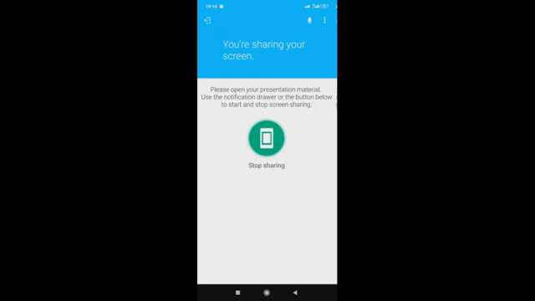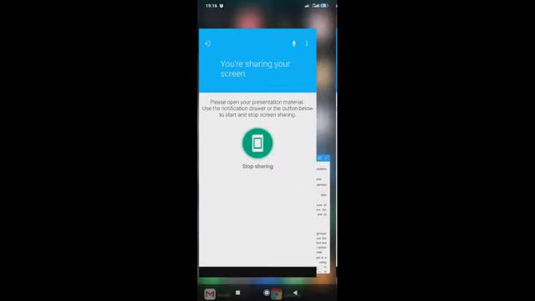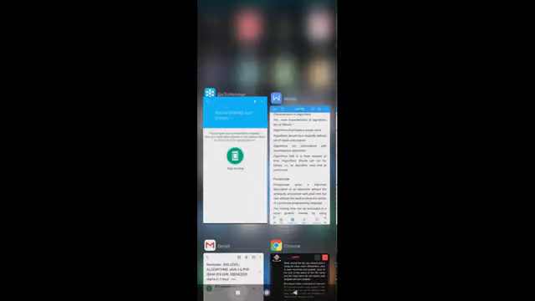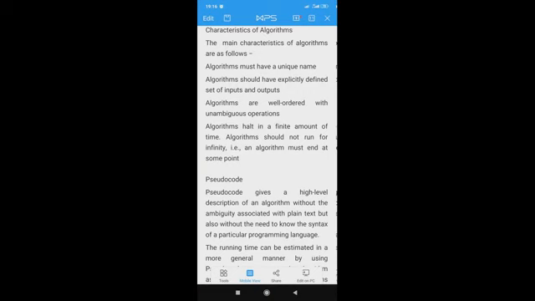Please, the assignment which I will give for today is: the first assignment will be, what is pseudocode? Pseudocode is spelled as P-S-E-U-D-O-C-O-D-E.